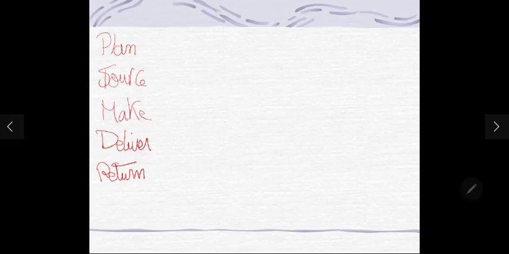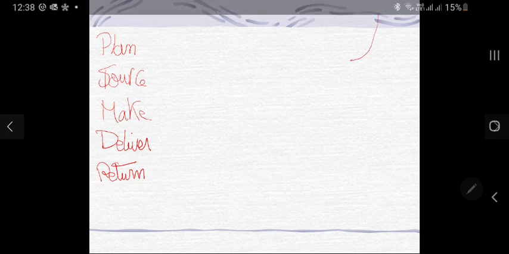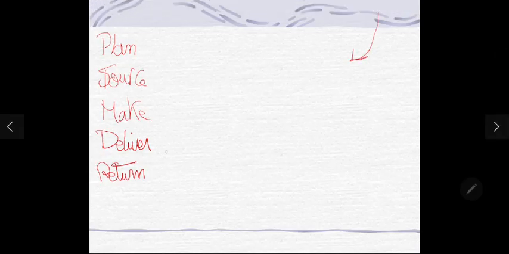These are the 5 main categories of anything that we're doing in a supply chain. So whatever you do is actually classified into one of these categories.